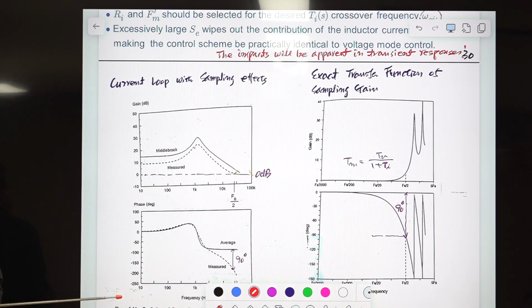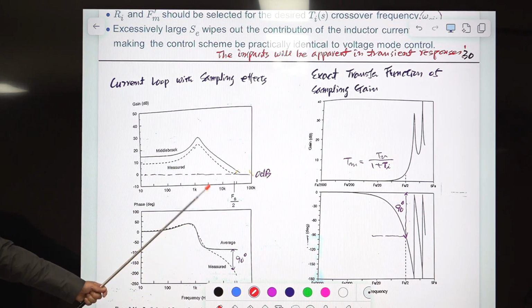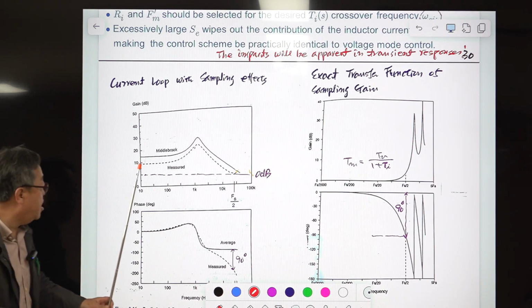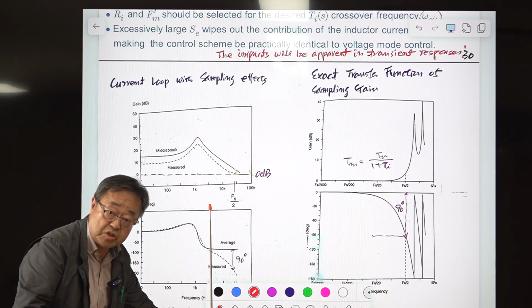So even voltage mode control has this sampling effect. Okay, but the sampling effect is not that strong there. But in current mode control, the sampling effect is rather strong. But we are totally ignoring the sampling effect. That is fine when the crossover frequency is below this one, okay?